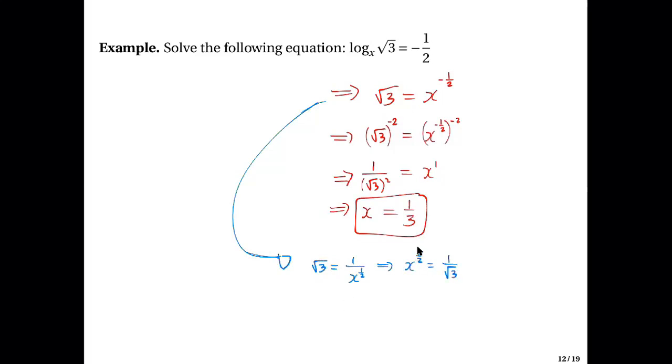And then, of course, that exponent 1 half, you raise this guy here to power 2. You square it. So that 1 half will cancel the power 2. Which gives us x. So x raised to 1 half raised to power 2 is 1 over square root of 3 raised to power 2. And you will still get the same answer. x equals 1 over 3. Okay? So it's the same thing.